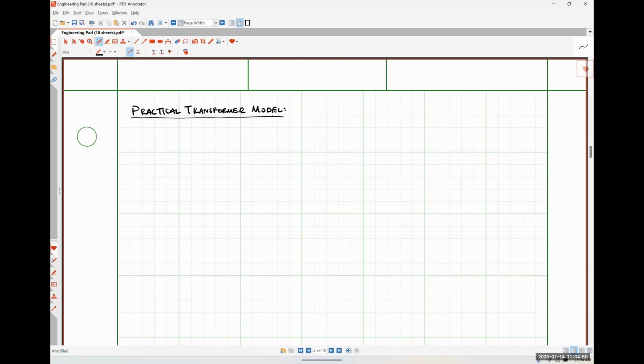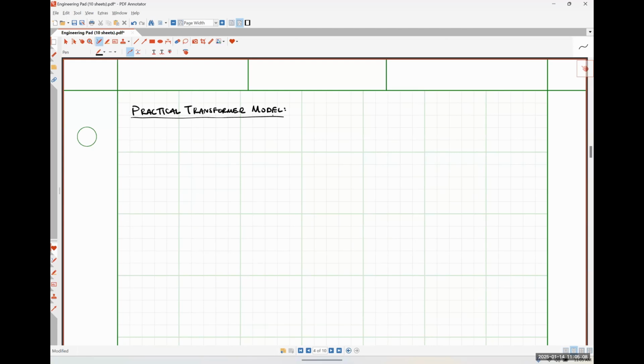We are going to have some core losses, and the permeability of our core is not infinite. So in order to account for these non-idealities, we have to update our model, okay?